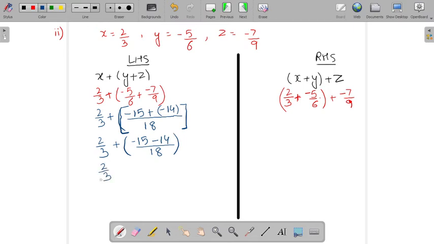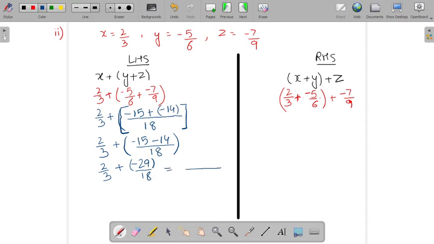2 by 3, solve it. This is plus minus 15 minus 14, so minus 29 upon 18. Remember one thing, always try to keep the negative term in the bracket if possible. Now, take its LCM again.